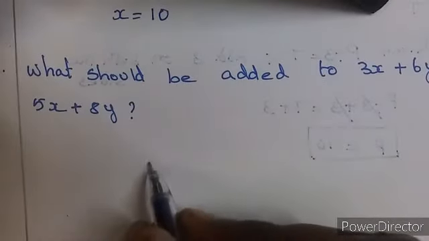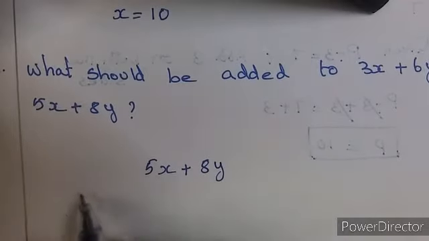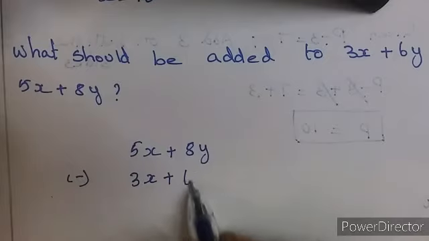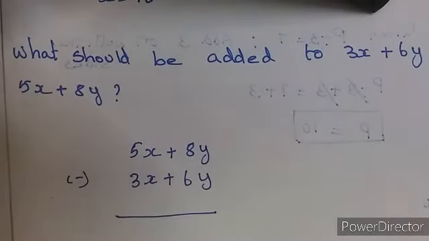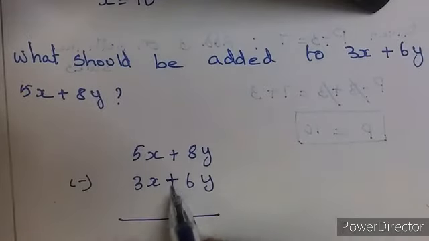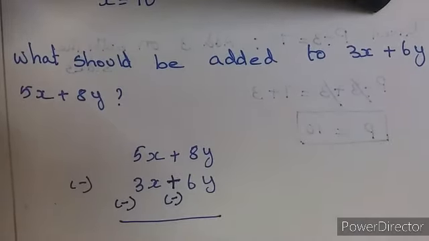So arrange 5x plus 8y, subtract 3x plus 6y. For subtracting the expression, as I taught you in the previous exercise, we have to change the sign for the second expression. So here the plus becomes minus, and here it is minus.